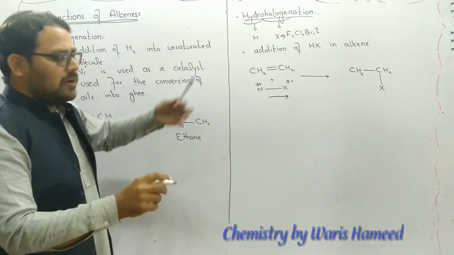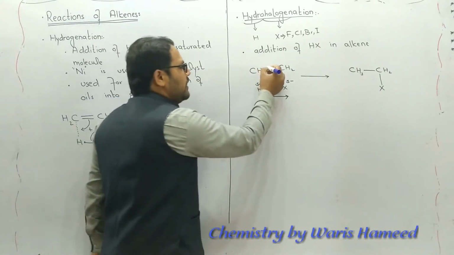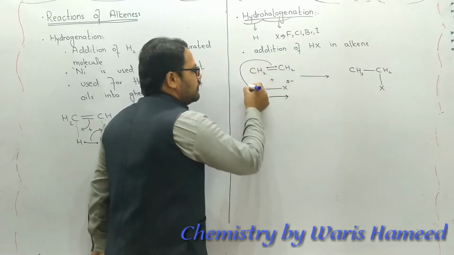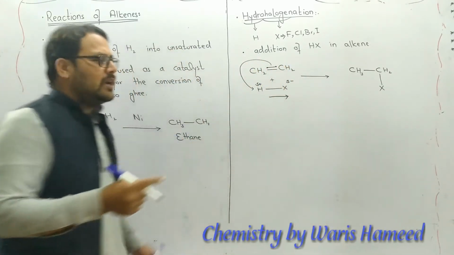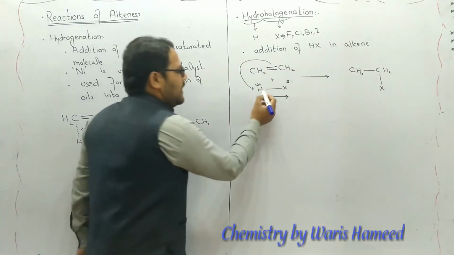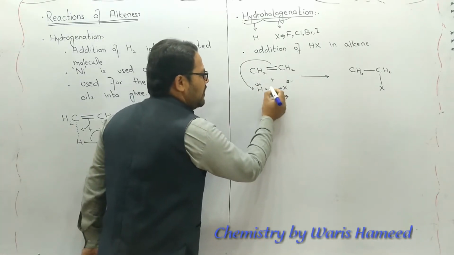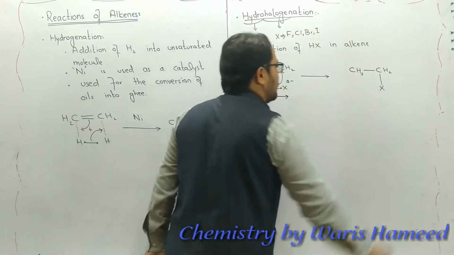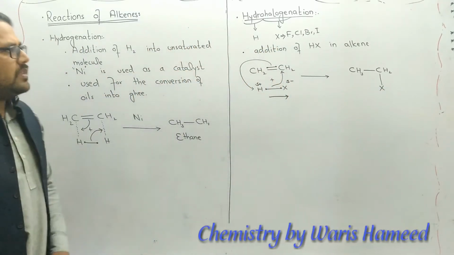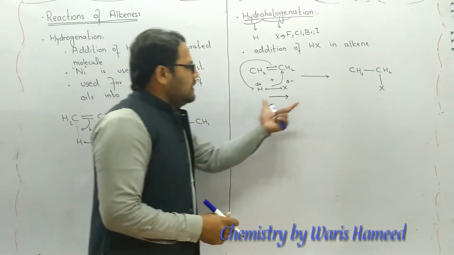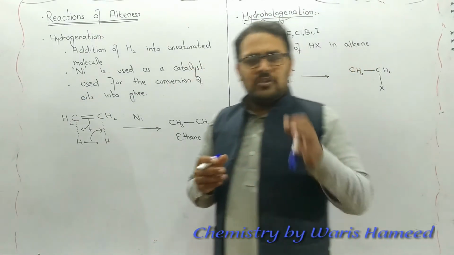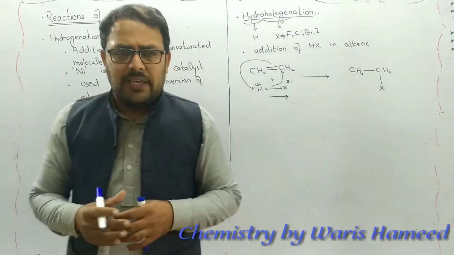The pi bond of alkene will attack on the hydrogen atom, and this bond will attack on this carbon atom. Then it will convert into alkyl halide. In this case, we are just adding hydrogen halide into a symmetrical alkene.